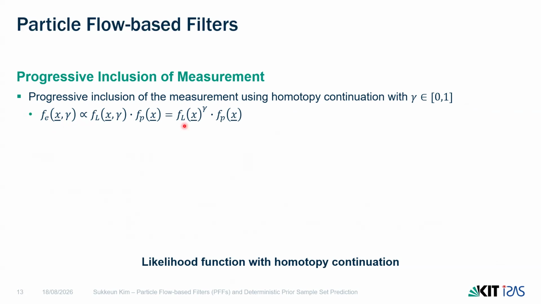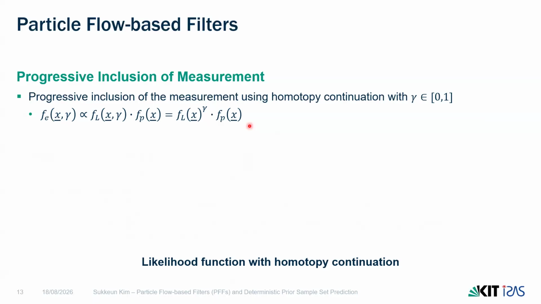Imagine gamma goes from 0 to 1. When gamma is equal to 0, this gives you only the prior. And when gamma is equal to 1, this gives you the final form of the Bayesian theorem. So just by changing this artificial time parameter gamma from 0 to 1, you make the Bayes theorem change gradually. That's the main idea.